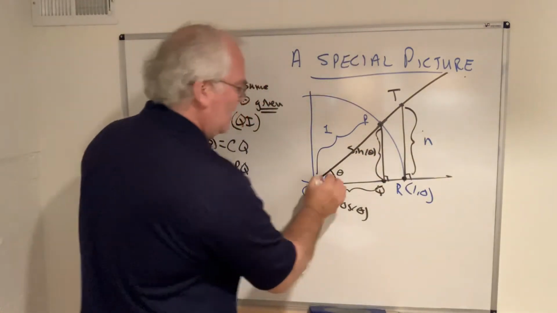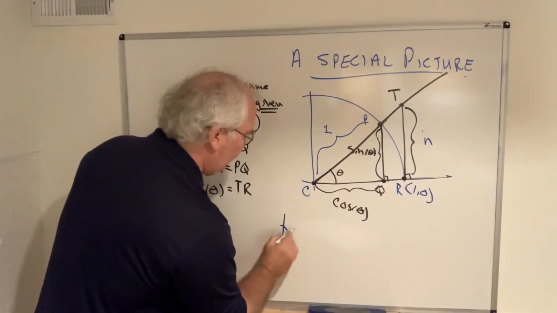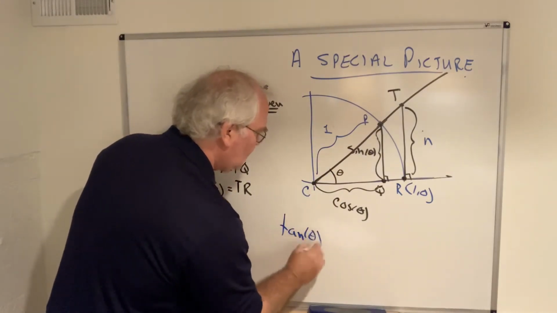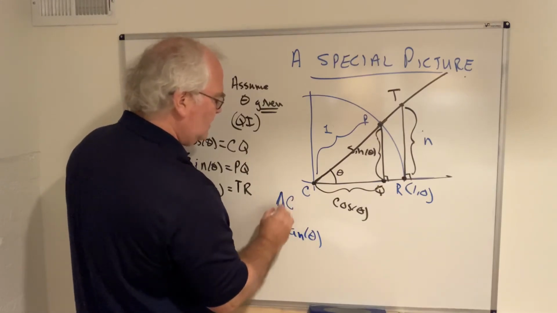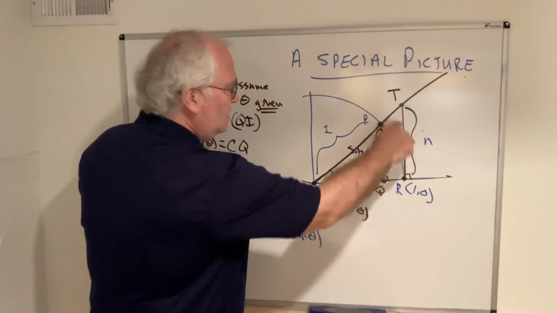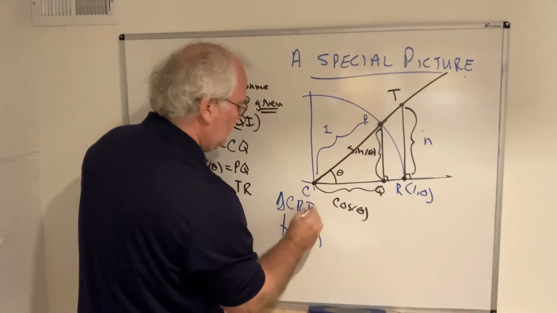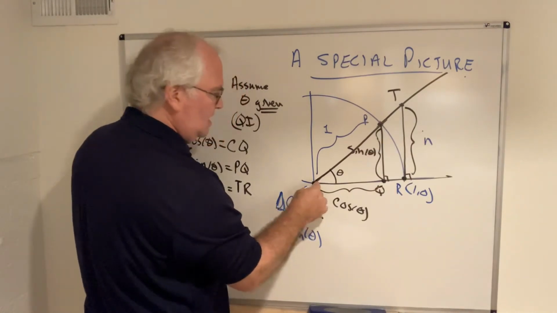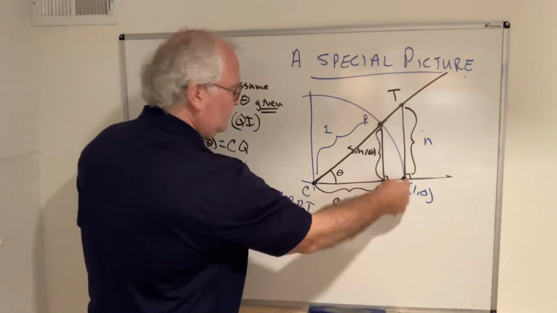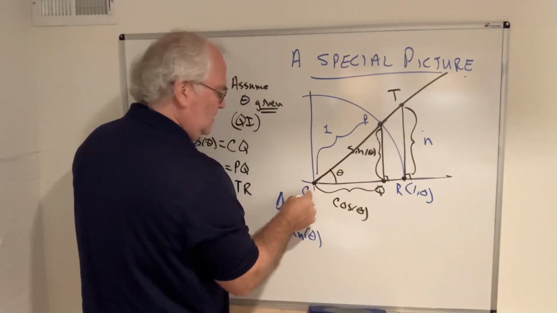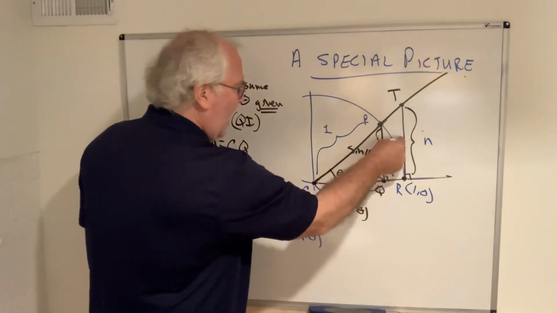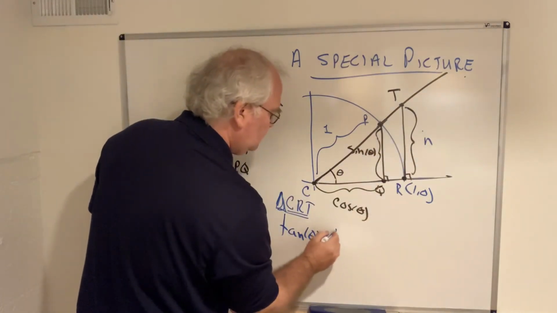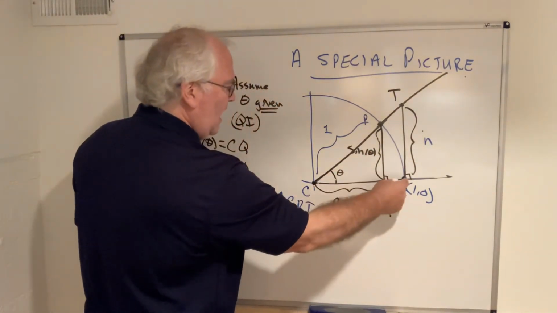Now, what do we know about tangent of theta? I know tangent of theta in triangle CRT, see my big outside triangle? Tangent of theta is opposite over adjacent.